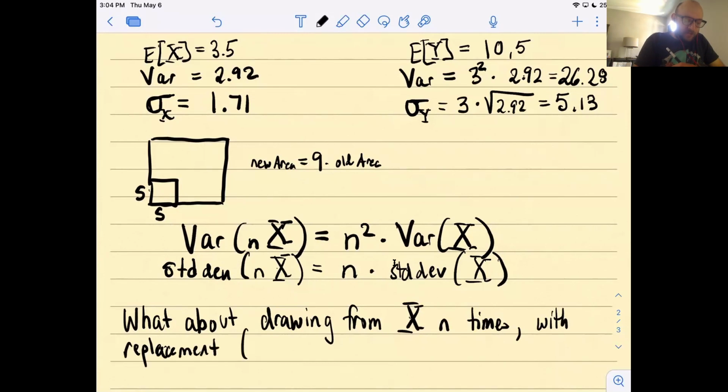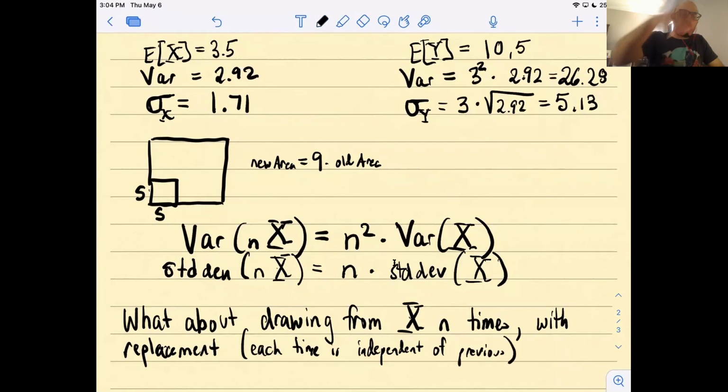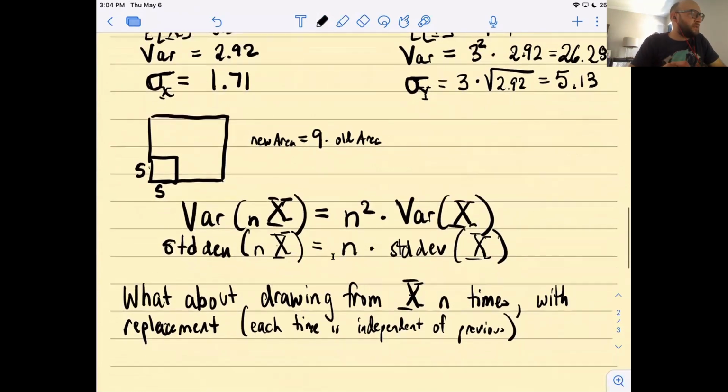So each time is identical, and each time is independent of the previous. So you just roll the dice 3 times or n times.